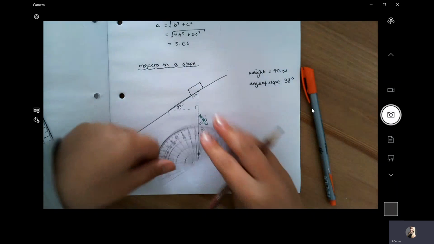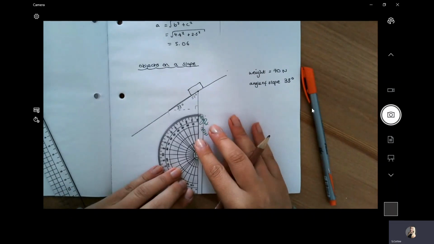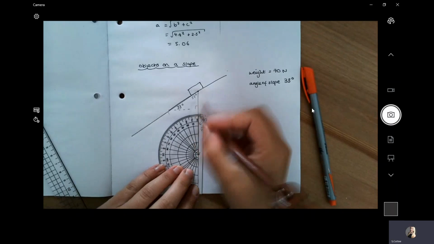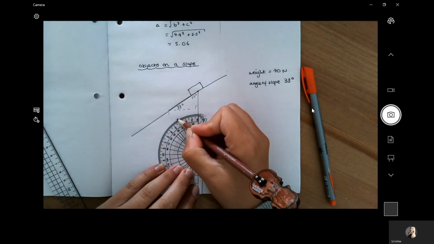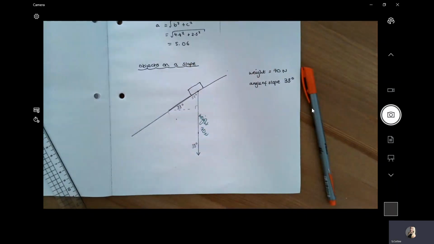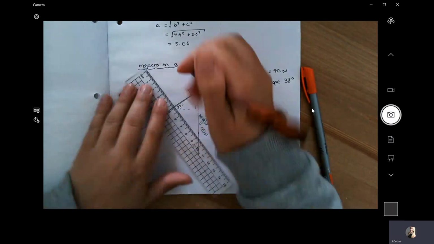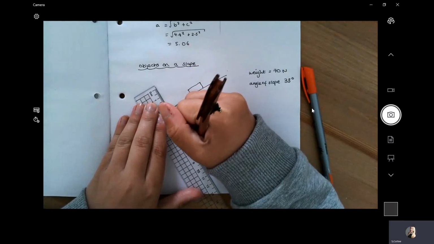So taking my protractor yet again and pop it here. There's 30, 1, 2, 3 comes to here. Make sure that it goes through there.